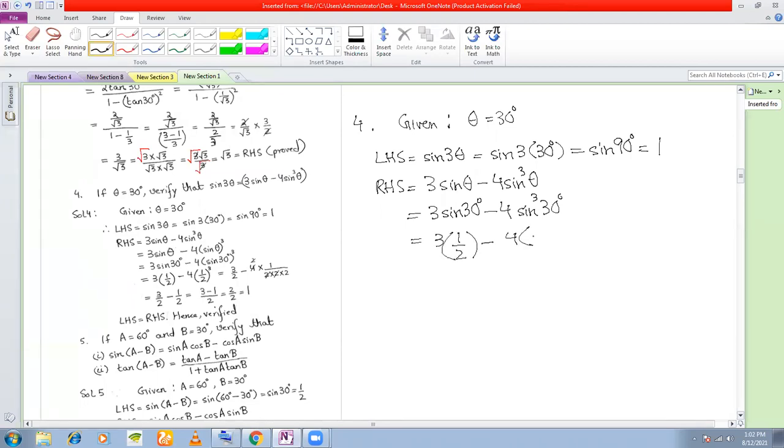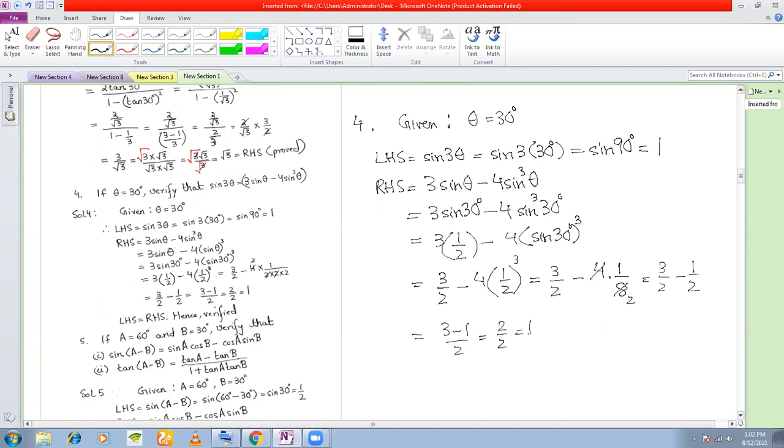So this is 3 by 2 minus 4, and sine cube 30 is half cube, which is 3 by 2 minus 4 into 1 by 8. That cancels here. You simply get 3 by 2 minus half. Take the LCM, you get 3 minus 1 by 2, which is 2 by 2, equal to 1. So hence LHS is equal to RHS. Okay.